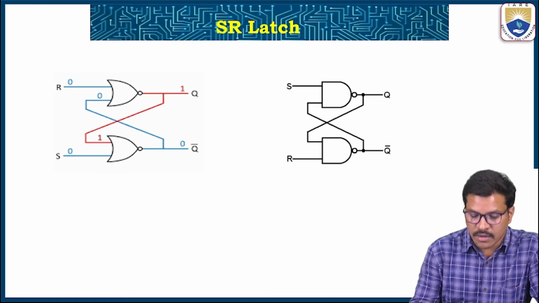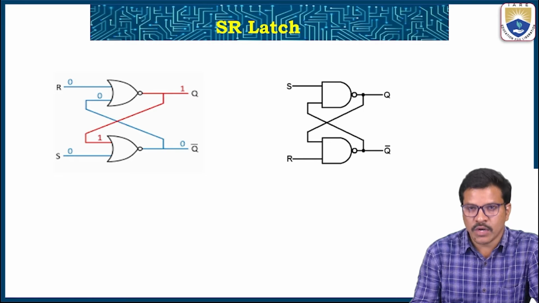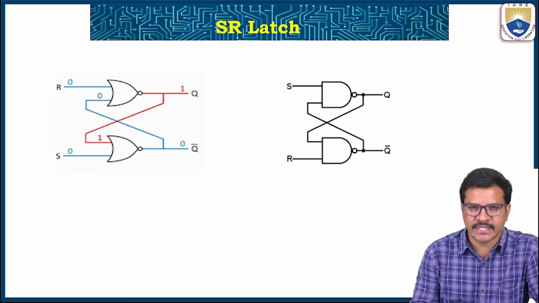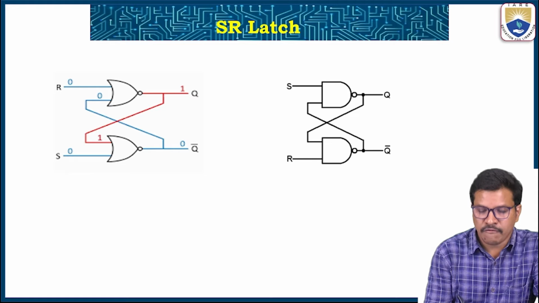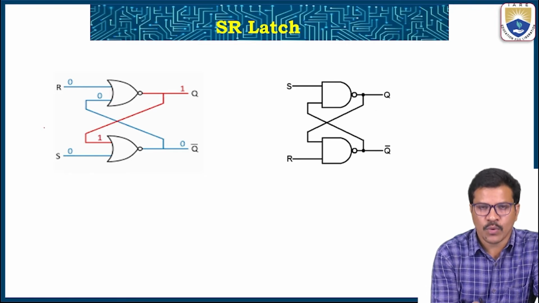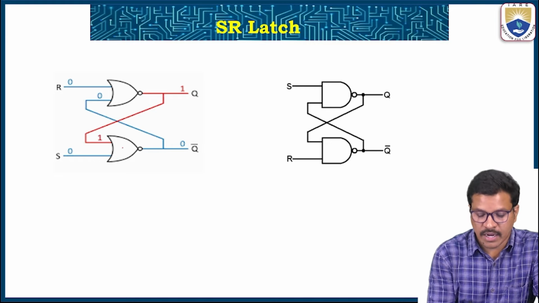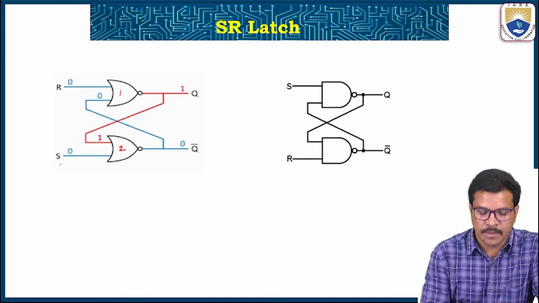Here we can see two different diagrams for the SR latch. Basically, a latch is made with two cross-coupled NOR gates or two cross-coupled NAND gates. First consider the first figure, with two 2-input NOR gates. One input of the first NOR gate is directly given to the reset input, and one input of the second NOR gate is directly given to the set input.